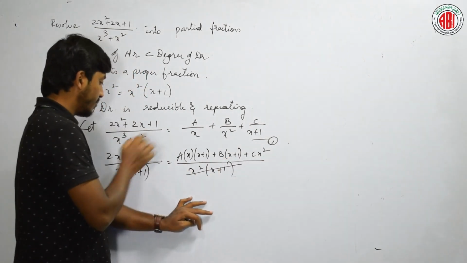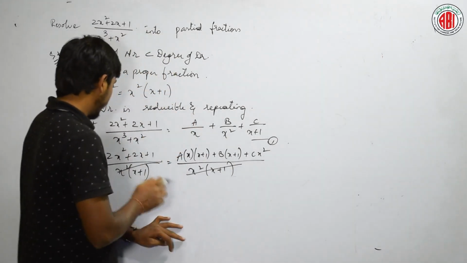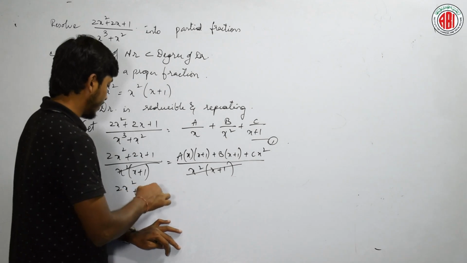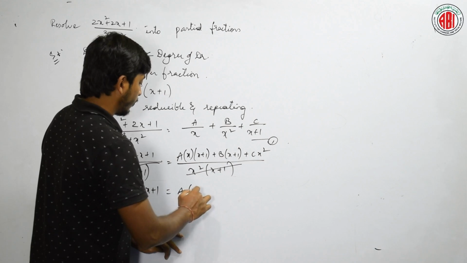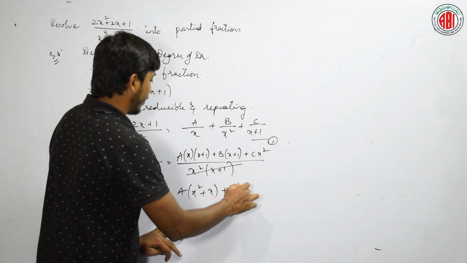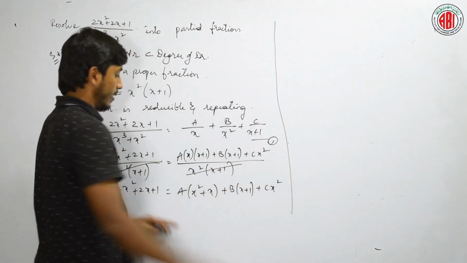Let us cancel these both. Next, equate it. 2x square plus 2x plus 1 is equal to a into x square plus x plus b into x plus 1 plus c x square.